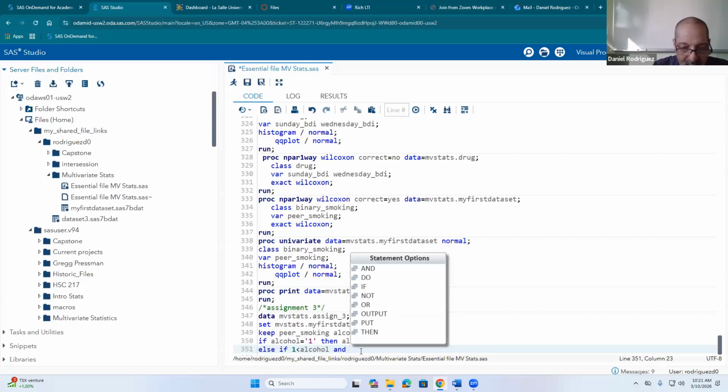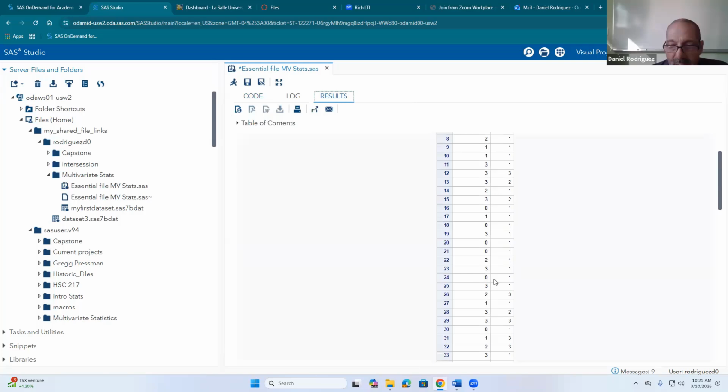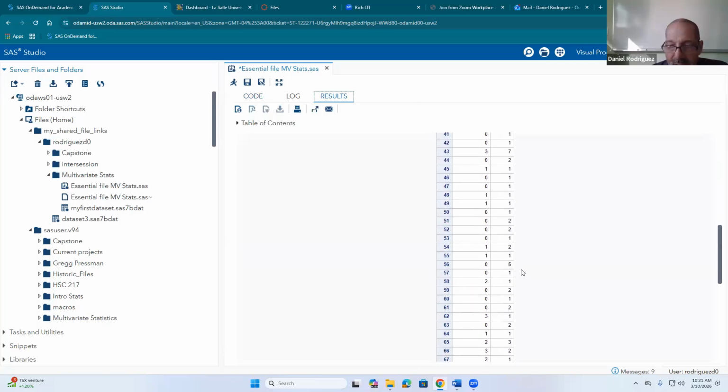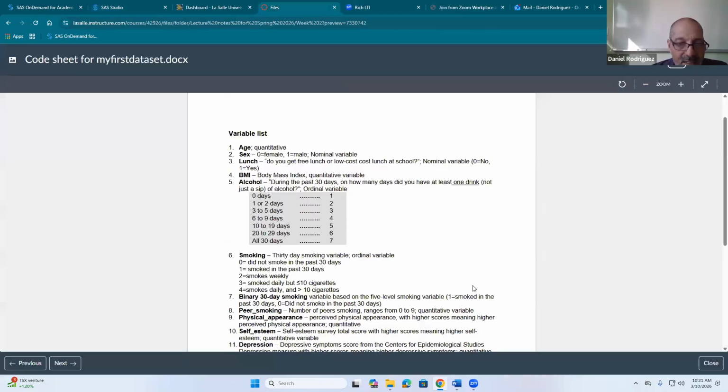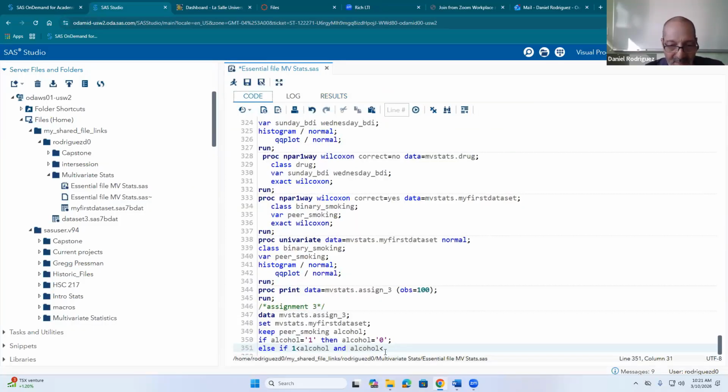And alcohol less than, and what did it go to? Let's see, look at those results. I think alcohol went to 7. And let's take a look at the code sheet again. Yeah, 7. So let's do that. And again, I might be messing up with the code, and there could be more efficient ways of doing this. I can't guarantee that this is the most efficient way, but it's less than.